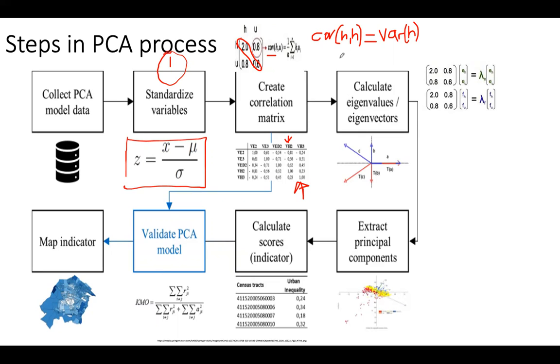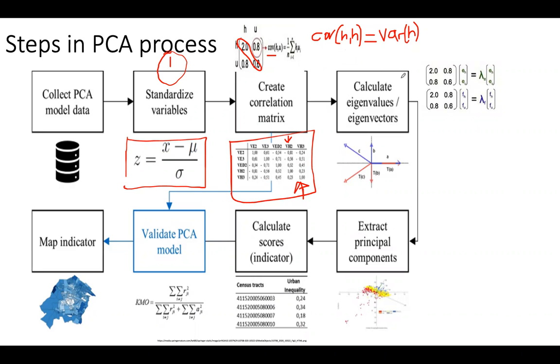But when it's negative, when one increases the other decreases, we say it's inversely correlated. The covariance matrix is nothing more than a table between all the possible pairs of variables.